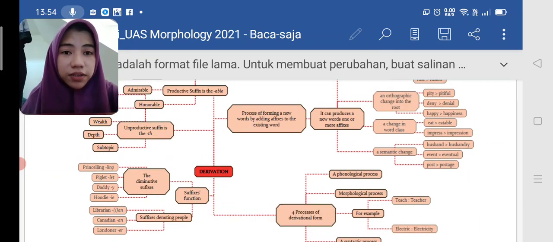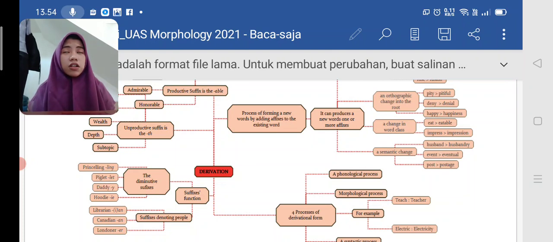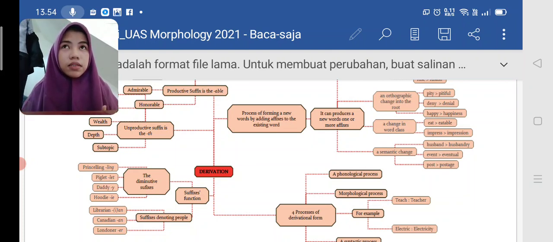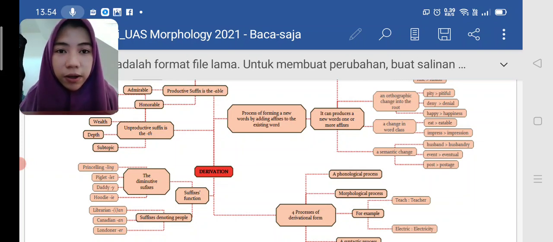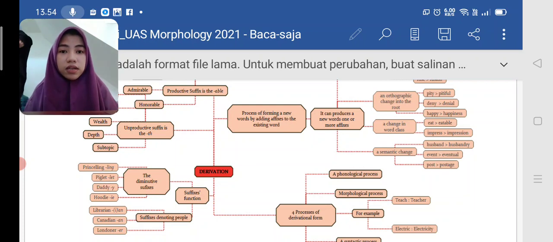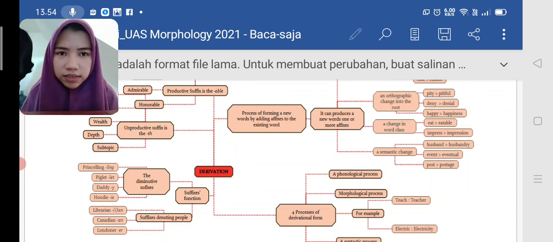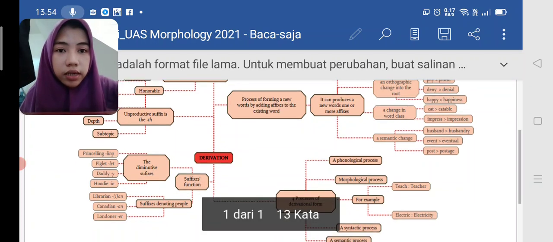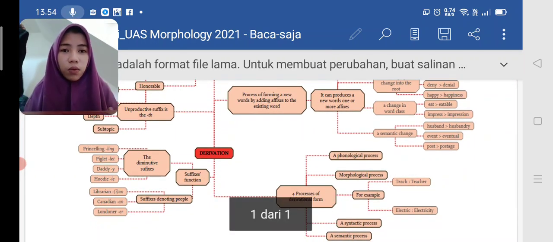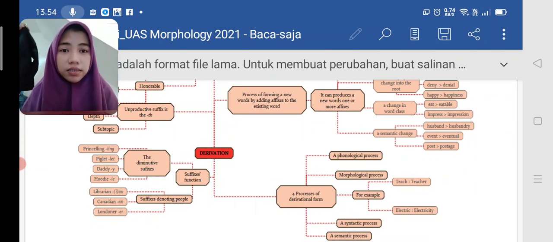The diminutive suffixes talk about tiny or little things, like pencilling with the suffix -ling, and piglet with the suffix -let, and daddy with the suffix -y, and hoodie using the suffix -ie.